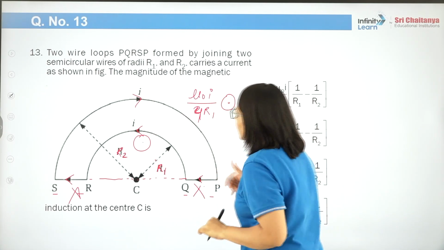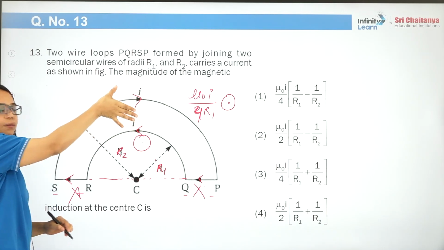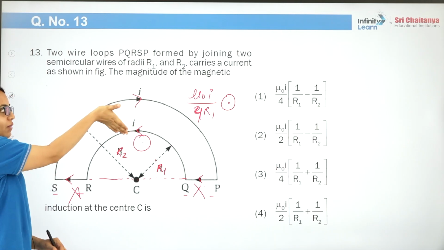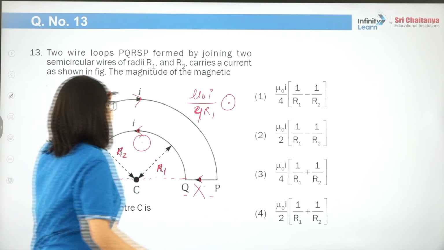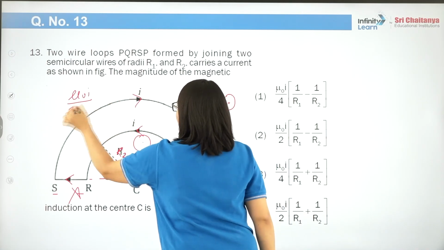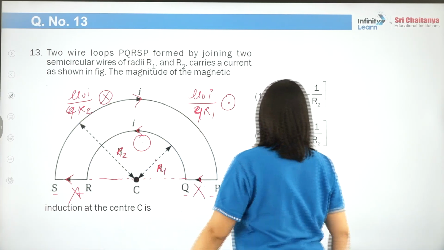Current is like this. So because of the bigger semicircle, the direction of magnetic field using right hand rule will be into the plane. Over here the magnitude will be mu naught I upon 4r2, but it is into the plane, right.